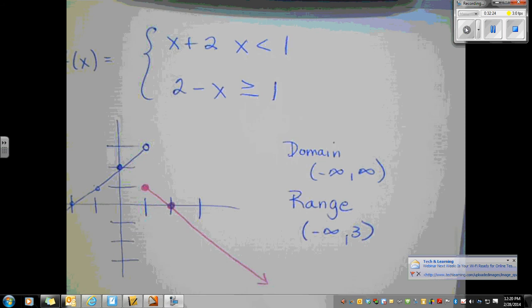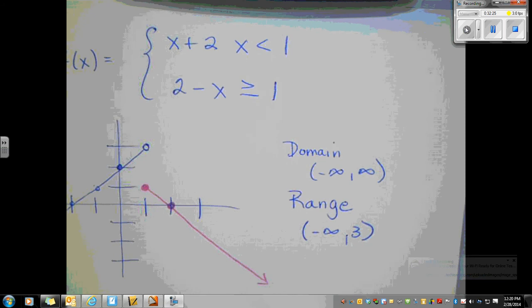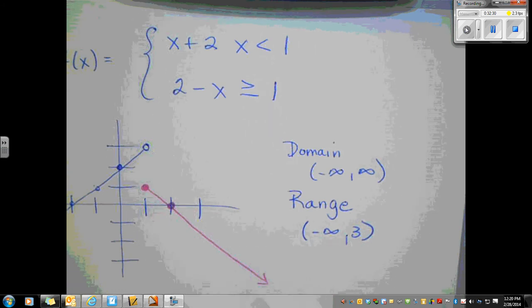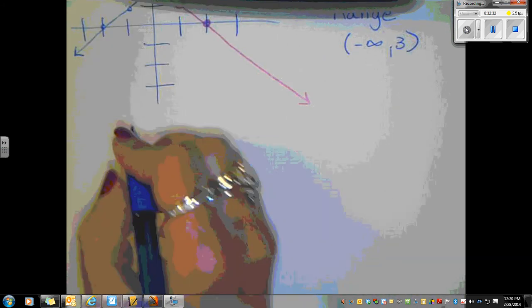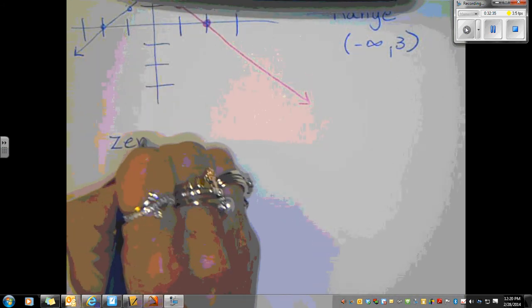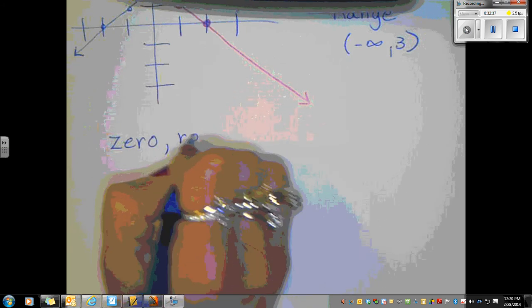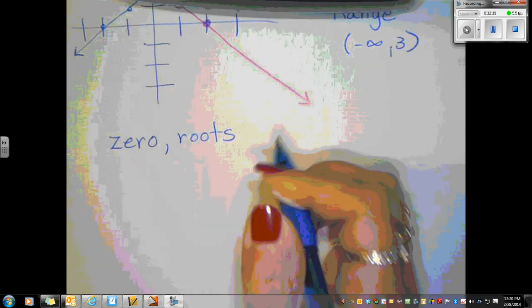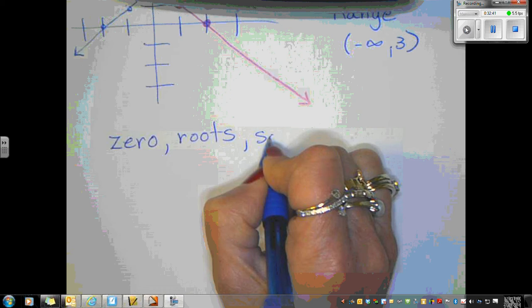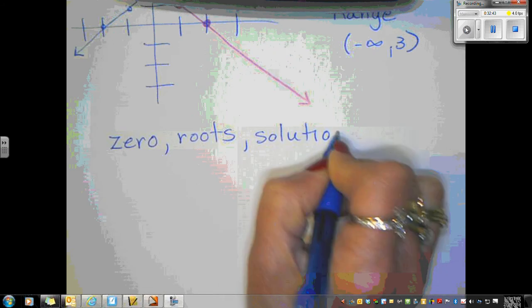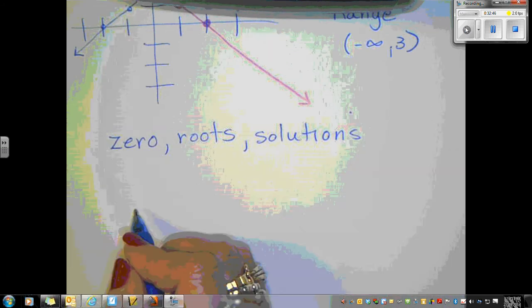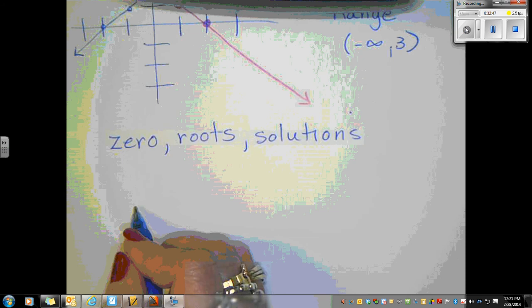Okay. Now, if I use any of the following words, what do I mean? Where it crosses the x-axis?